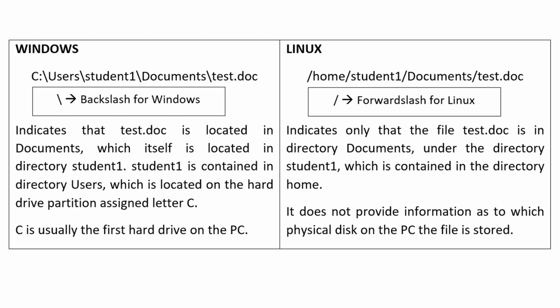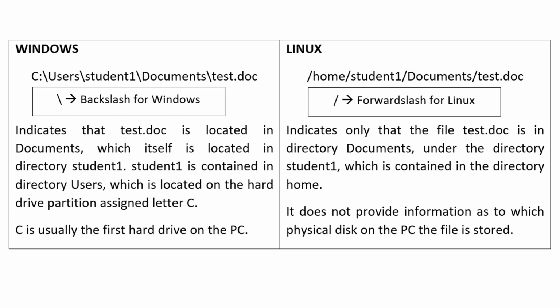For Windows, we are using backslash for the file path, and you can see that the top directory is the drive letter of the computer. In this example, we are using C.